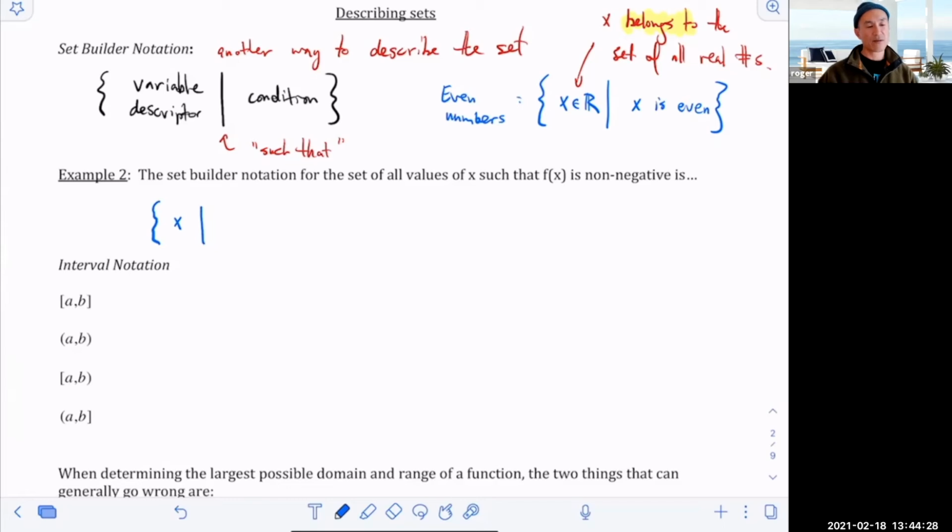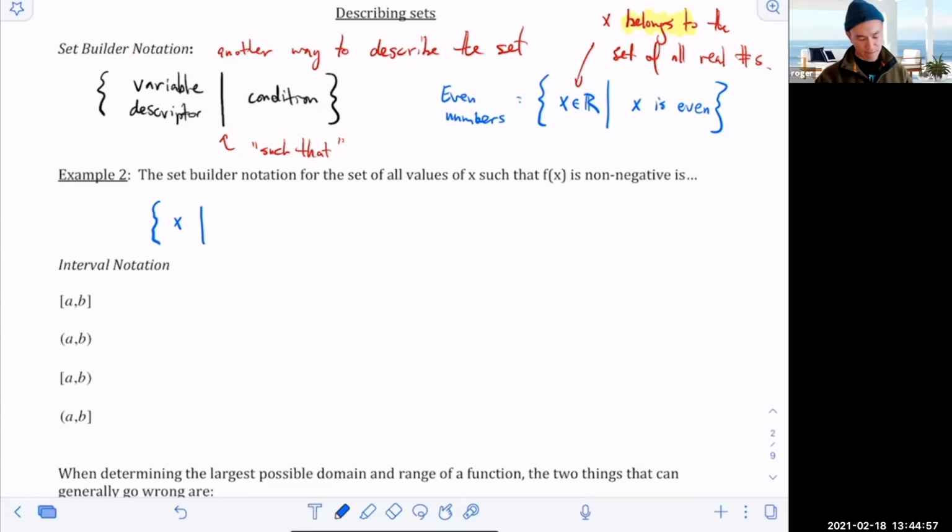And then how do I describe that f is non-negative? What does non-negative mean? Can you guys, positive? Is 0 positive? Could you say greater than 0?